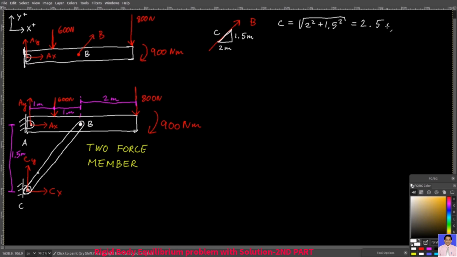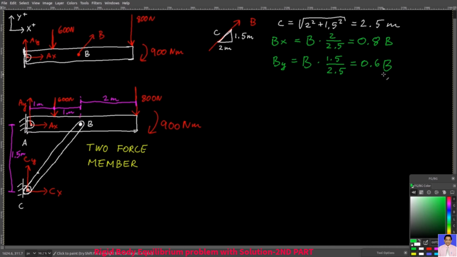It will be 2.5 meters. It means that Bx equals B times 2 over 2.5, which is 0.8 B, and By equals B times 1.5 over 2.5, which is 0.6 times B.